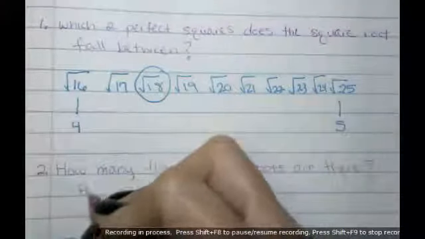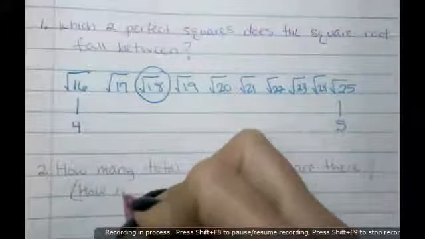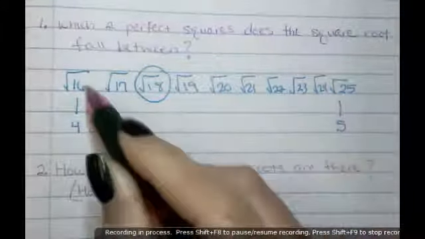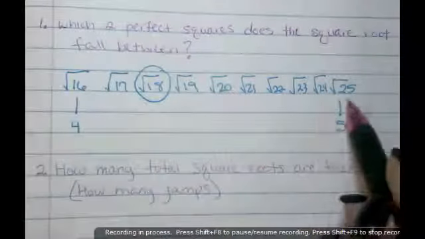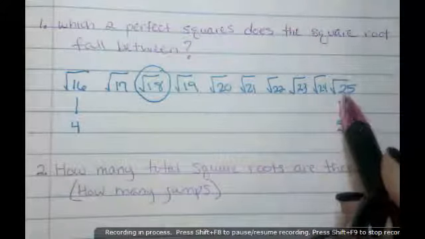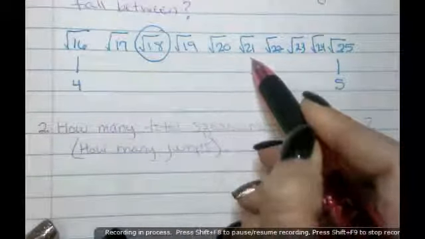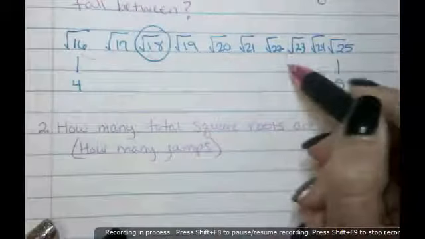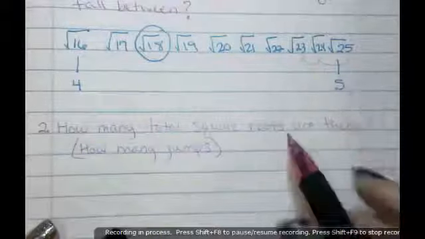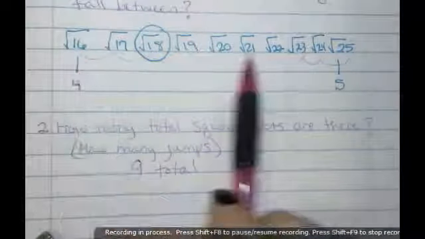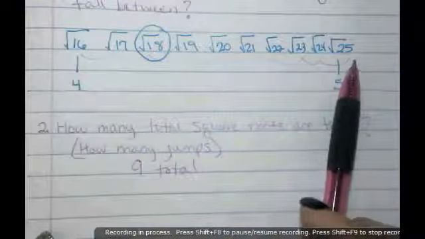So I'll put that down here in parentheses. How many jumps from the square root of 16 to the square root of 25? So I'm going to count those. 1, 2, 3, 4, 5, 6, 7, 8, 9. There are 9 total jumps to get from the square root of 16 all the way to the square root of 25.